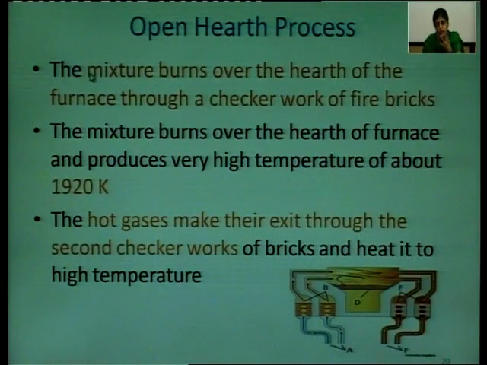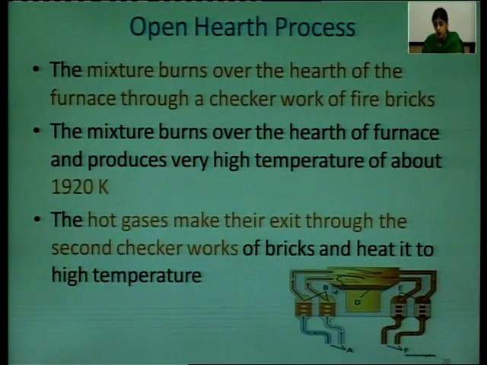Now this mixture burns over the hearth of the furnace through a checker work of bricks. From here heat is coming, heat is coming by producer gas and air. This is being heated and then heat is coming here. The mixture burns over the hearth of the furnace and produces a very high temperature of about 1920 Kelvin.